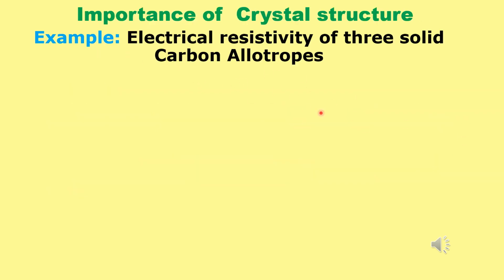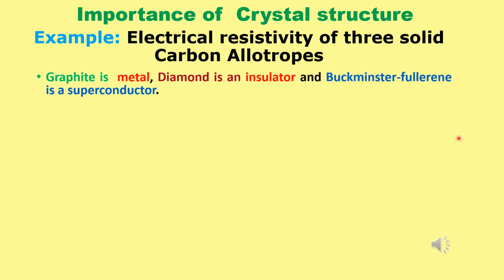So why is crystal structure so important? We will see one example, the electrical resistivity of some carbon allotropes.